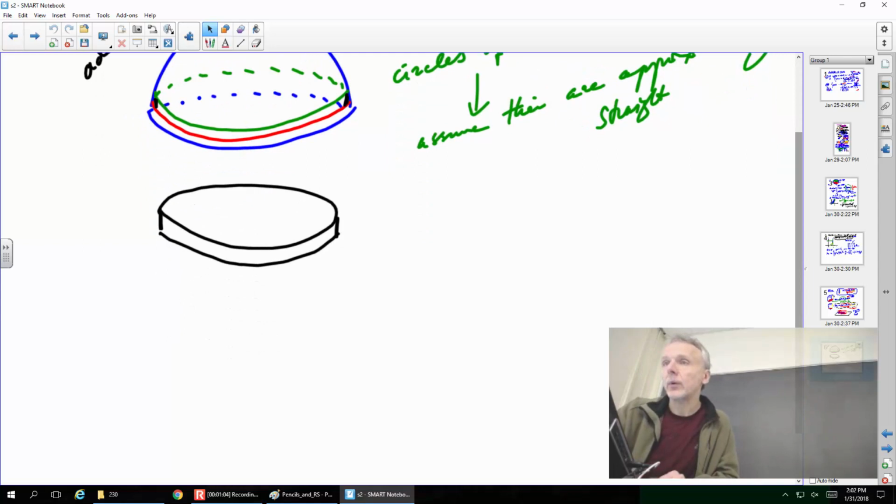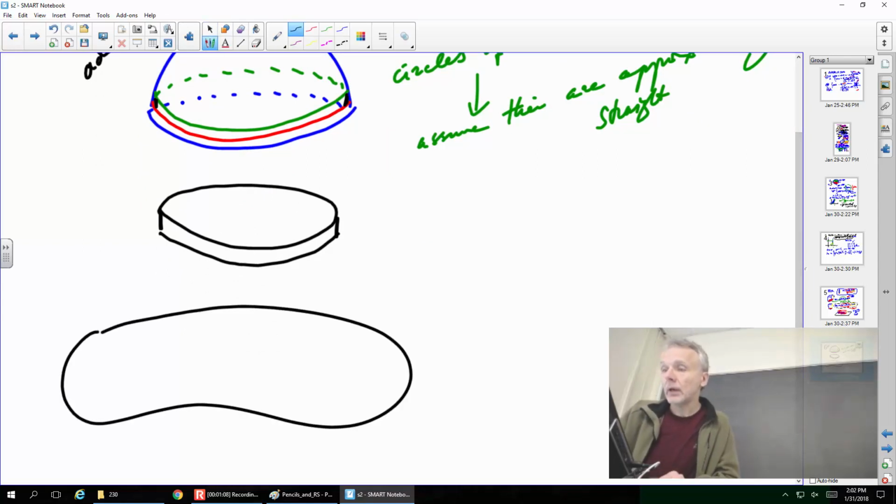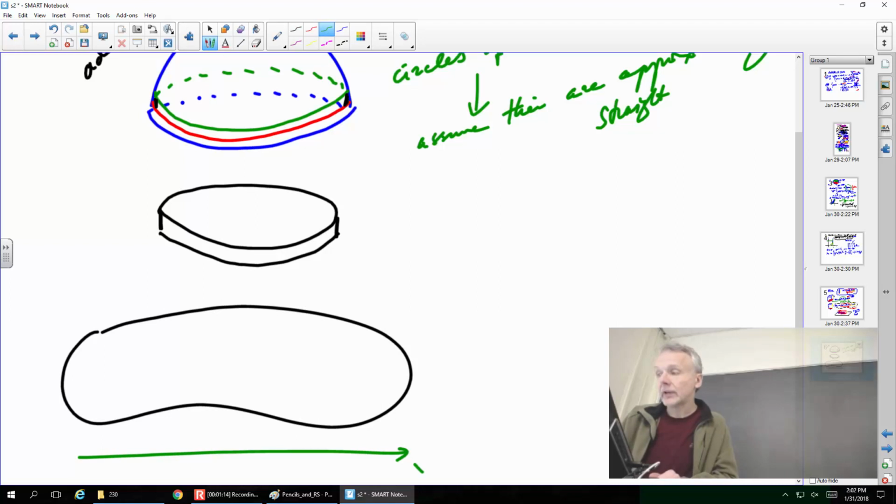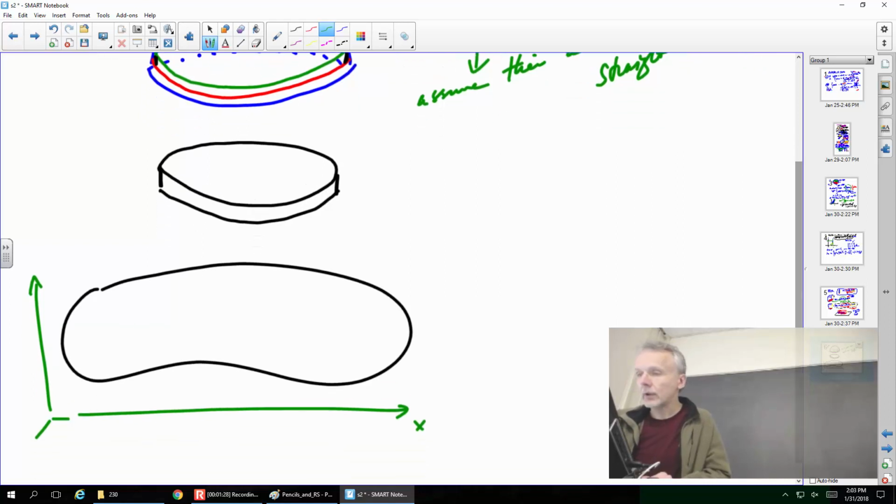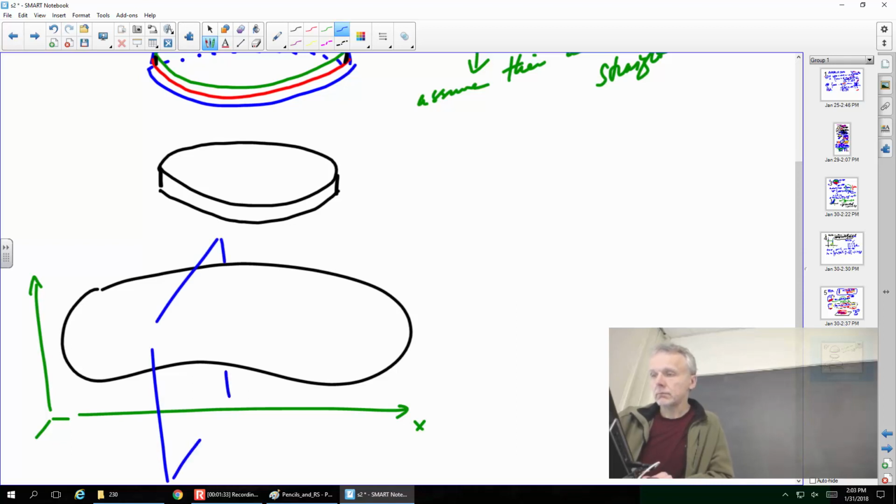So as an example, I have my solid like this maybe, and what I do with it, I cut it with a vertical. I align it along a straight axis X, okay? And then I have actually 3 dimensions here like this, and I start cutting them with planes that are vertical, and so they will look roughly like this, okay?